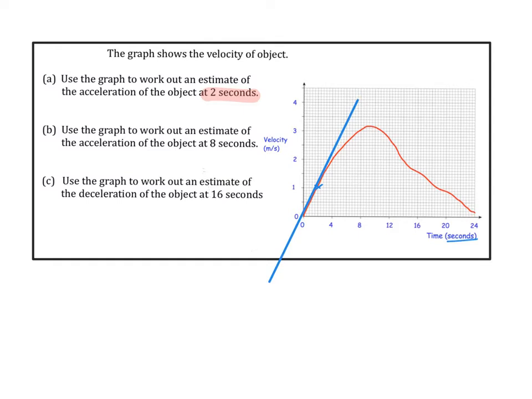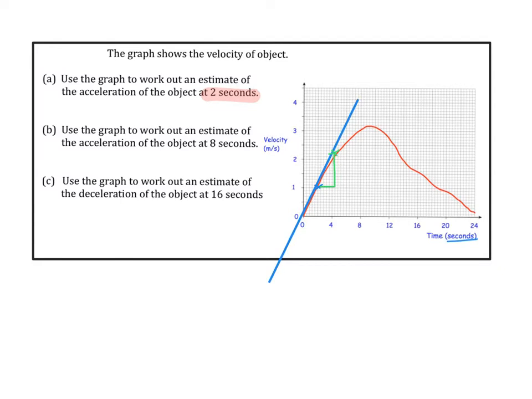I'm going to use the blue point that we've already got, and another nice point. I'm going to go across 2 and I'm going to go up to there. And again, like I said, there will be a bit of leeway here because everyone's line is going to be slightly different.